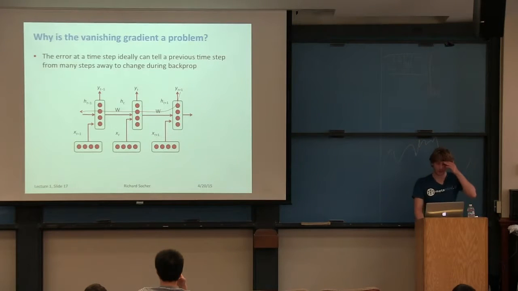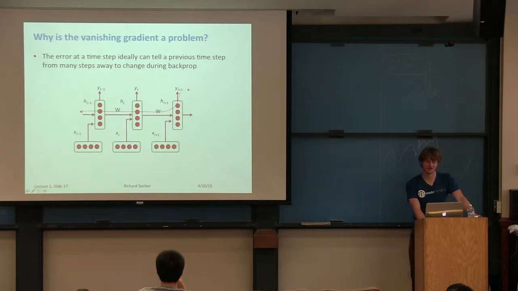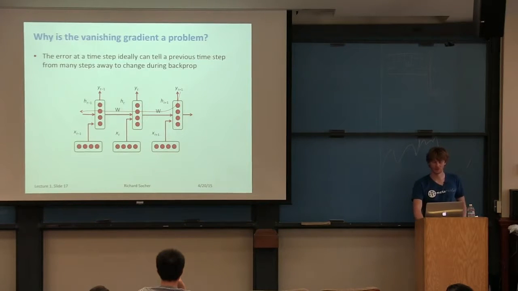All right. So basically, when is this really a problem in practice? Almost all the time, largely for the following reason. The error at a certain time step can ideally tell you something about what to do in previous time steps that are maybe many time steps away during backpropagation.